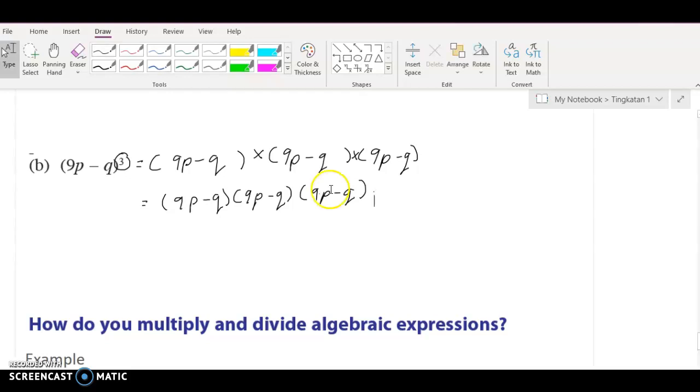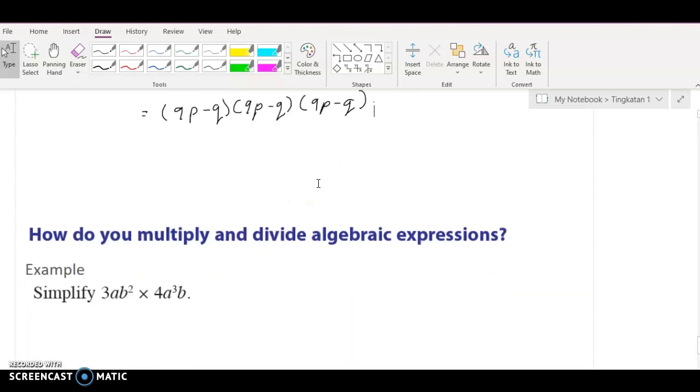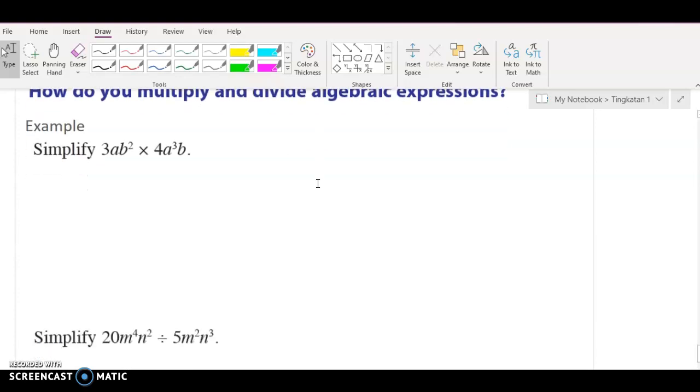Okay, now we move on to the complex one, when it involves multiple repeated multiplication. How do you multiply and divide algebraic expressions? For example, like this, 3a to the power of 1, b to the power of 2, times 4a to the power of 3, times b. Over here it means you have to change the simplified one into repeated multiplication.